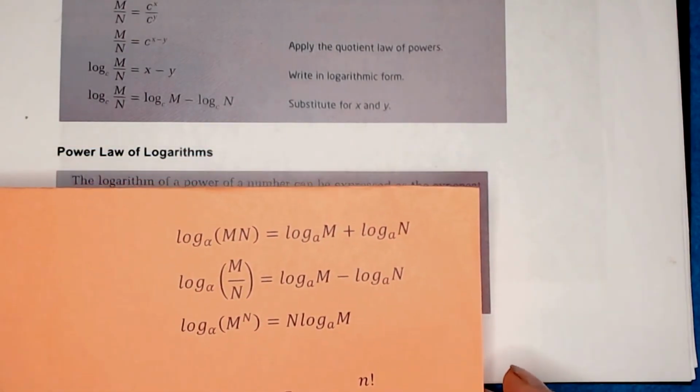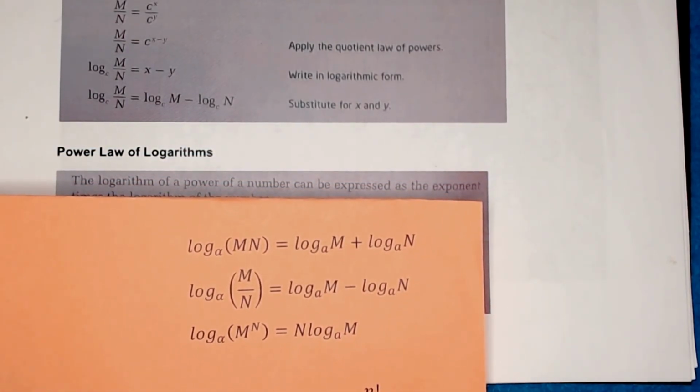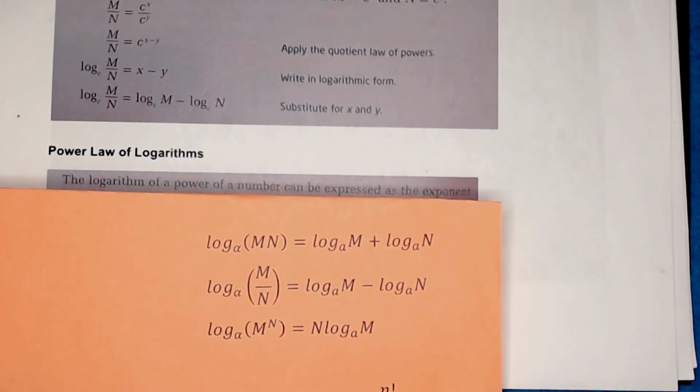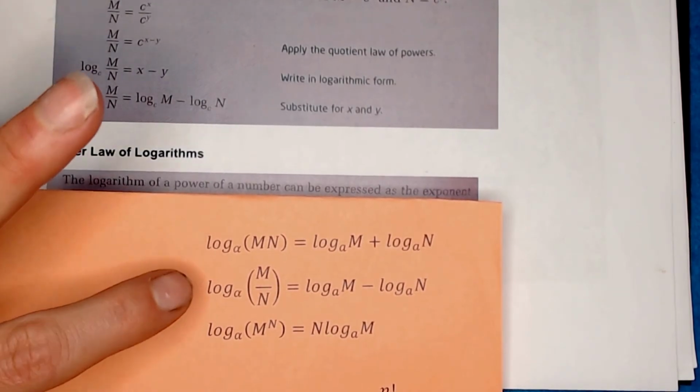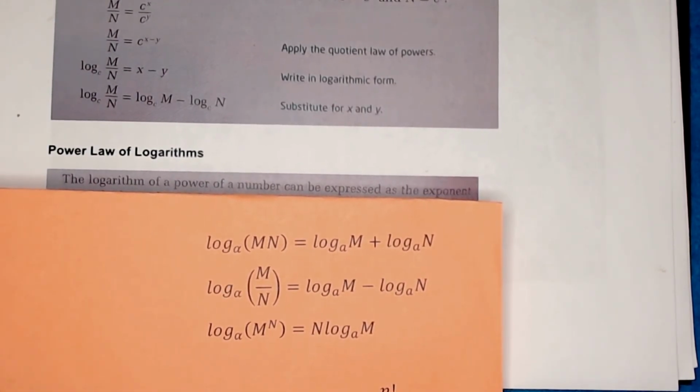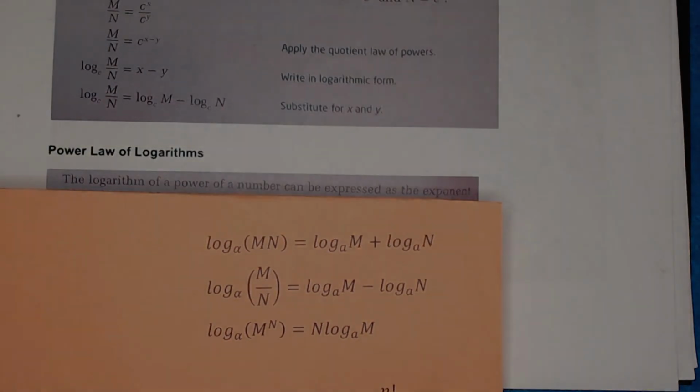I just wanted to draw your attention to your formula sheet. If you are unable to remember these log laws, then they're here for you and you don't have to memorize them. They're right on your formula sheet, so you can just look for the format that you have and then know how to expand each term.